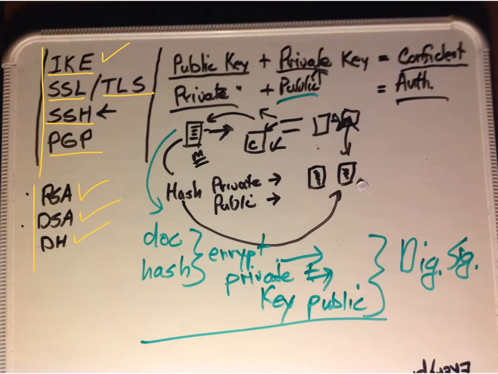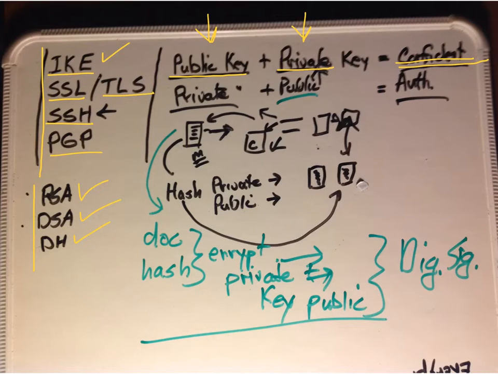Now, if we take a public key plus a private key, that allows us confidentiality of information. So if we take Mike's public key and encrypt with it, then only Mike's private key can decrypt it, which then will create confidence in the information, whether the data is in transit.